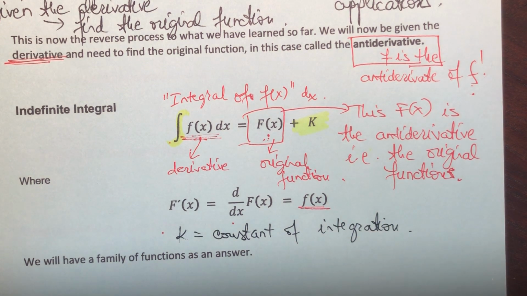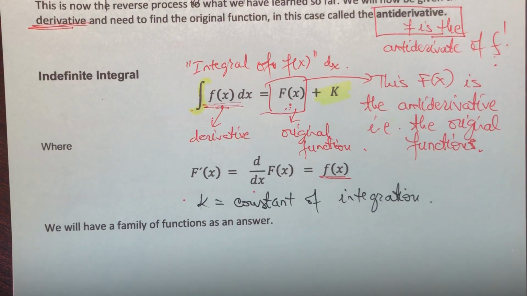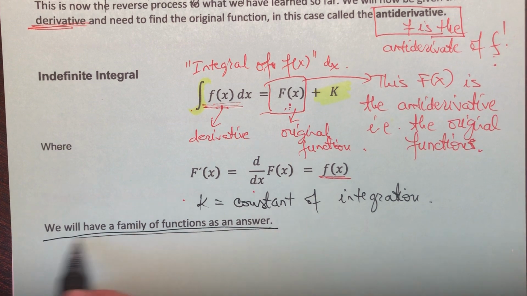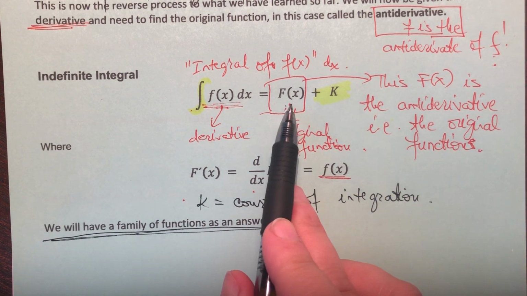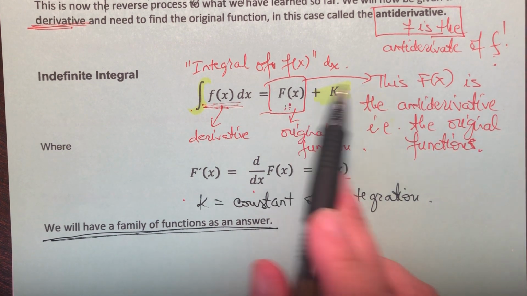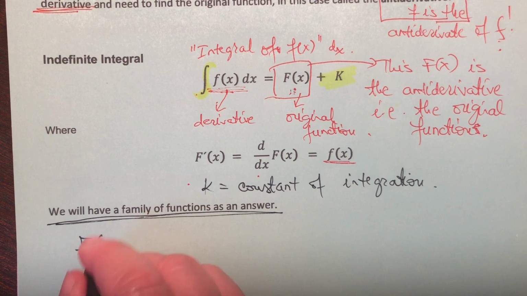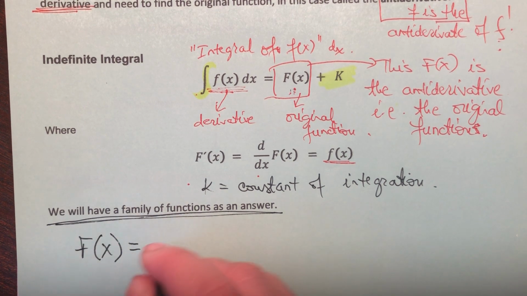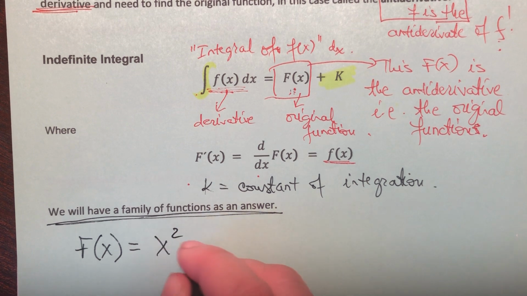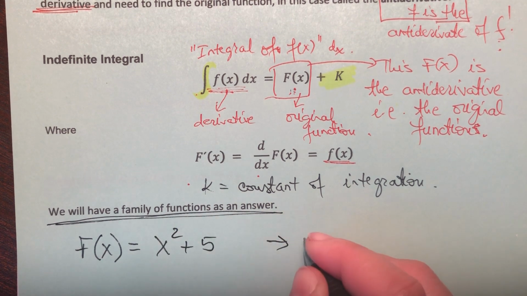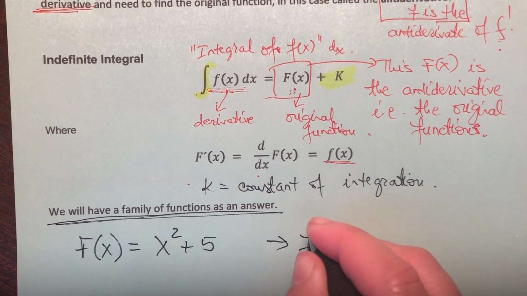To see what's happening with this k and the fact that we actually get a whole family of functions for an answer, not just a function, but a function plus some kind of a constant, let me give you these possible answers. So what if f of x comes up, or that expression there comes up to be x squared plus 5? What would be its derivative?